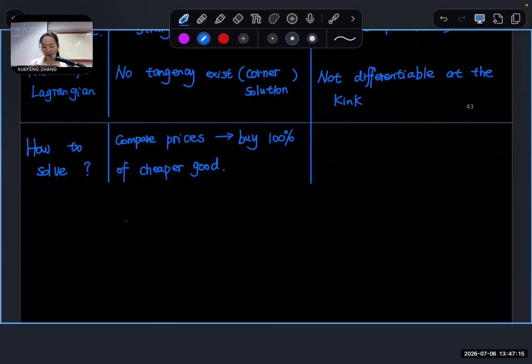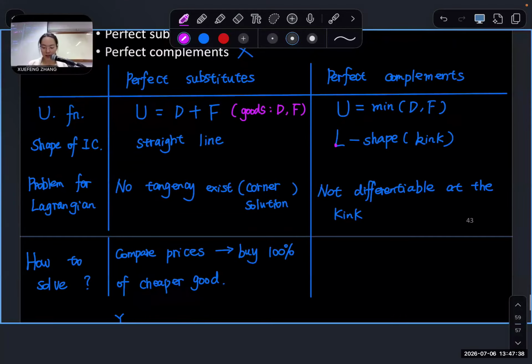Let me draw it. We have X and Y, two goods, and we have the budget line. The blue is the budget line, and the indifference curve is also a straight line here, right?